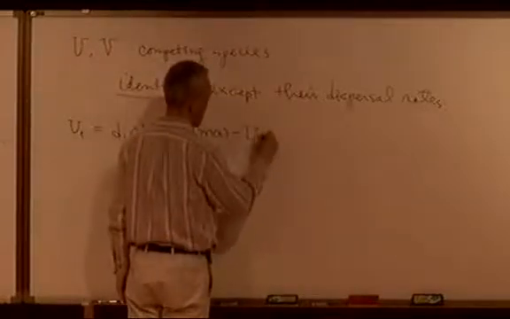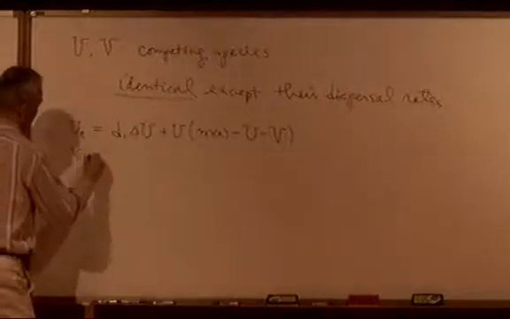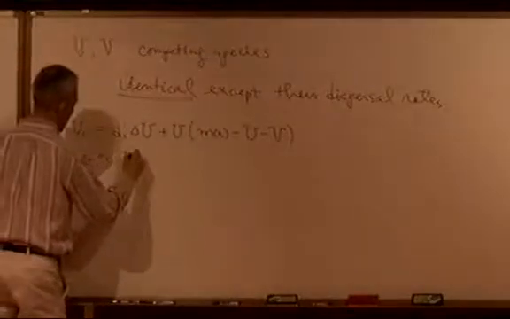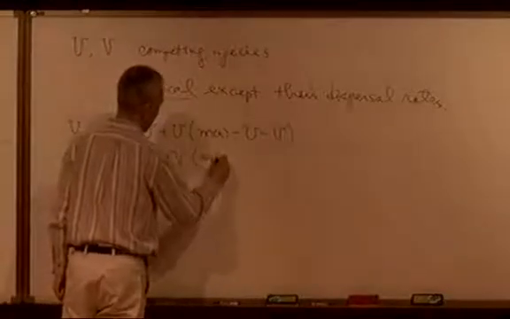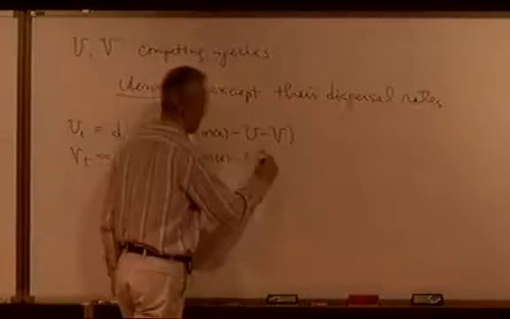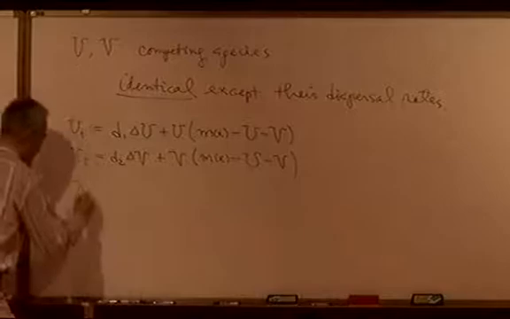Minus u minus v. I have v_t equals d2 Laplacian v plus v, m(x) minus u minus v.